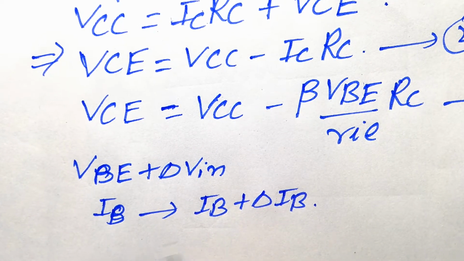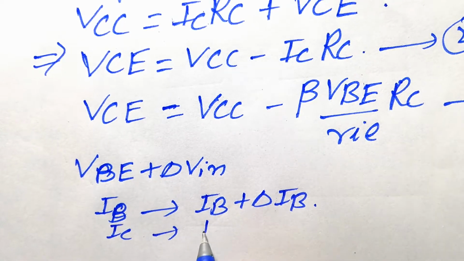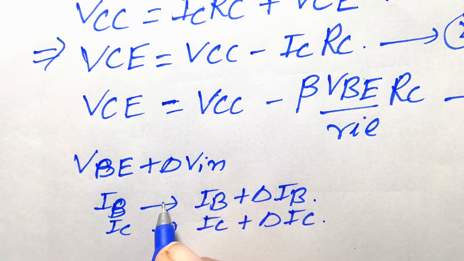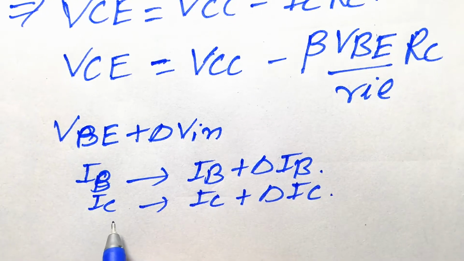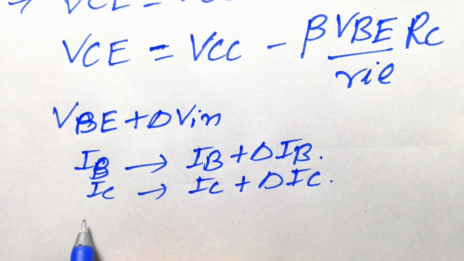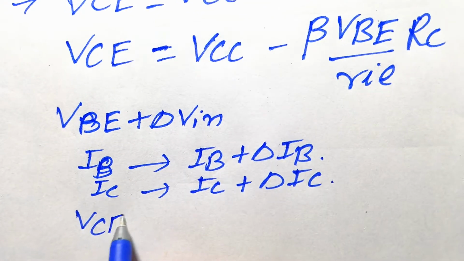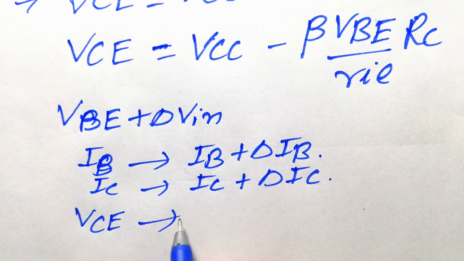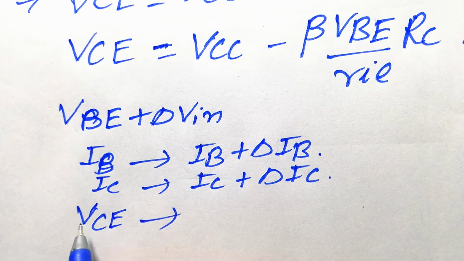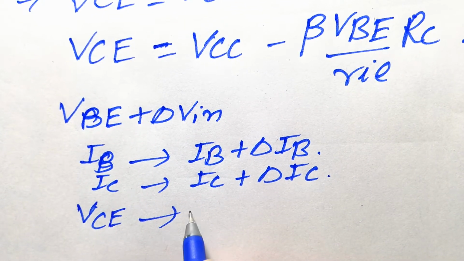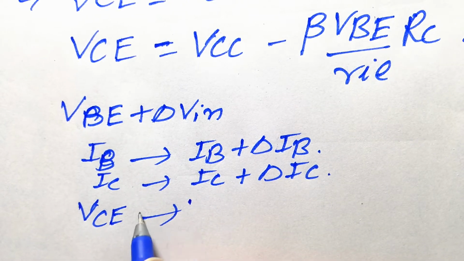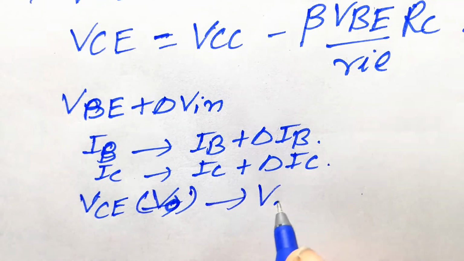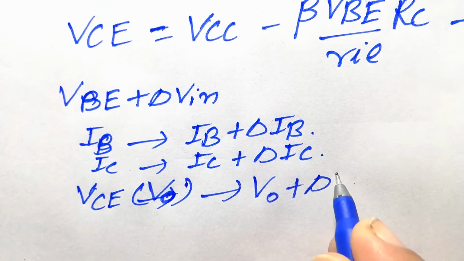Similarly IC changes to IC plus delta IC, and VCE, that is the output voltage, which you can say is V naught, changes to V naught plus delta V naught.